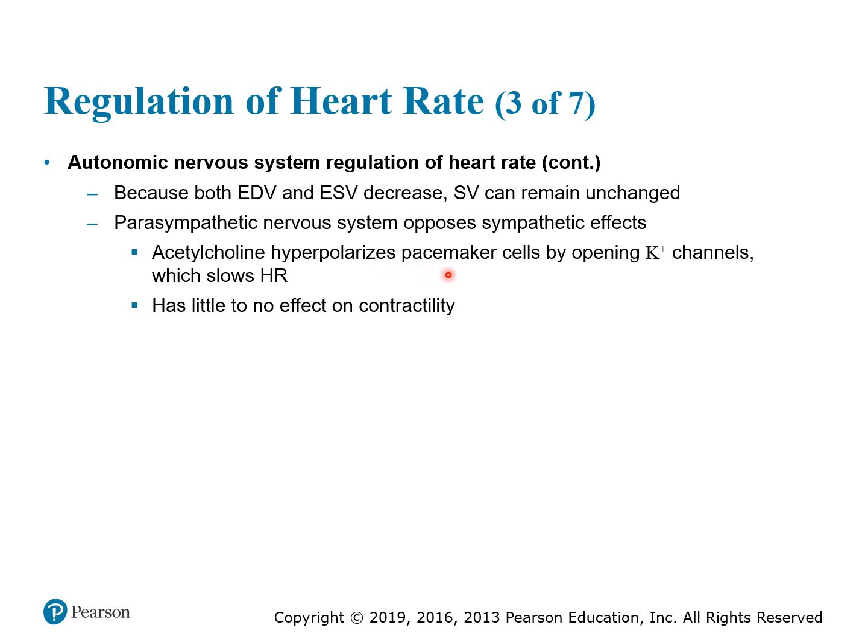It hyperpolarizes pacemaker cells by opening potassium channels, which slows the heart rate. So the parasympathetic slows the heart rate, and it has little or no effect on the contractility.